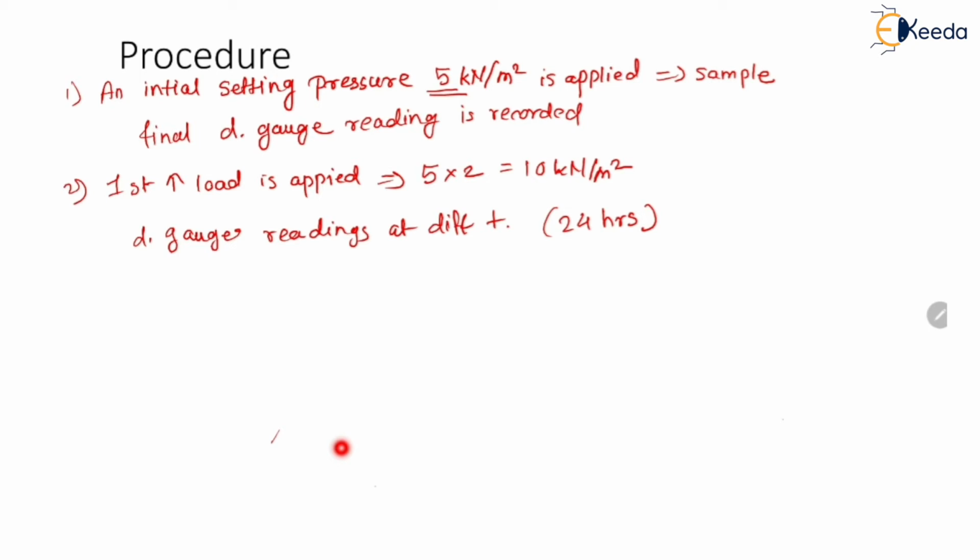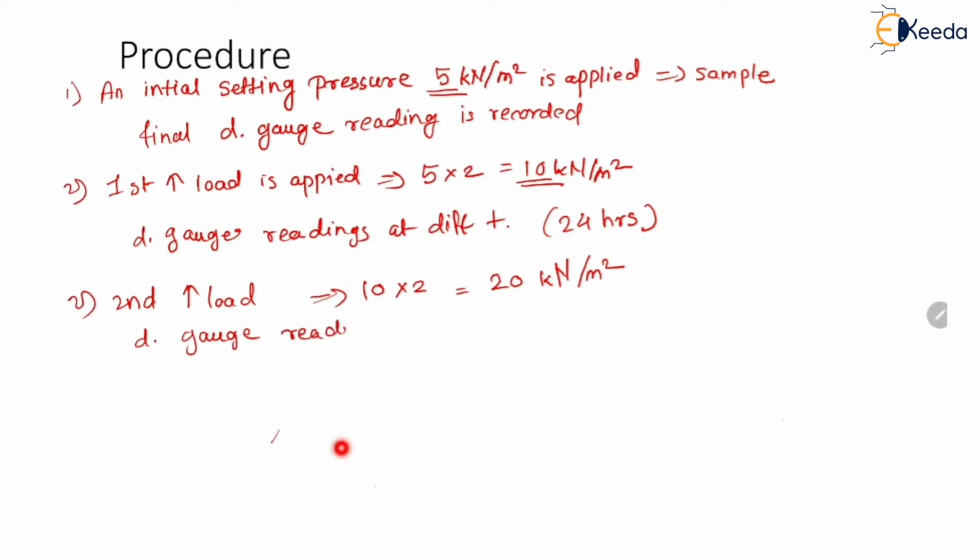After 24 hours we will apply the second increment of load, and the applied load will be equal to 10 into 2, which is equal to 20 kilonewton per meter square. Again, dial gauge readings at different time intervals are taken up to 24 hours.